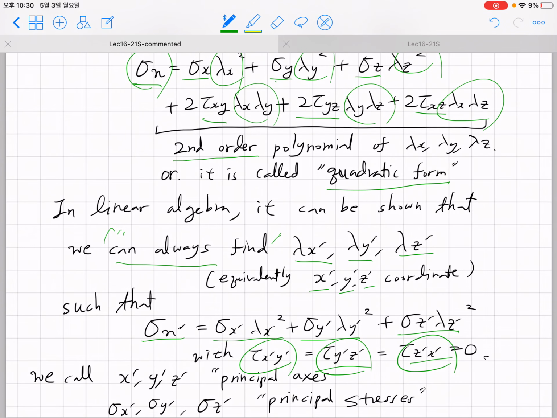It is a so-called principal axis because there is no shear stress component, and sigma x prime, sigma y prime, sigma z prime, these three numbers are principal stresses.